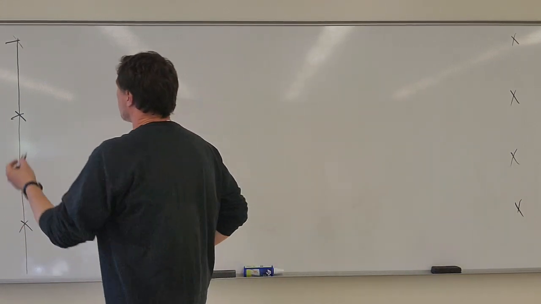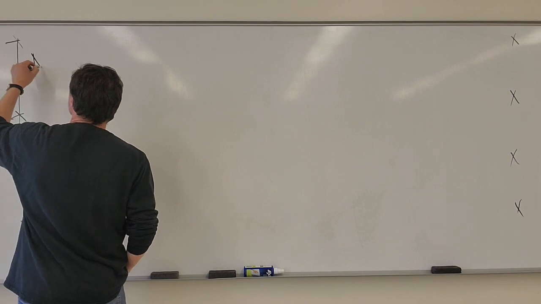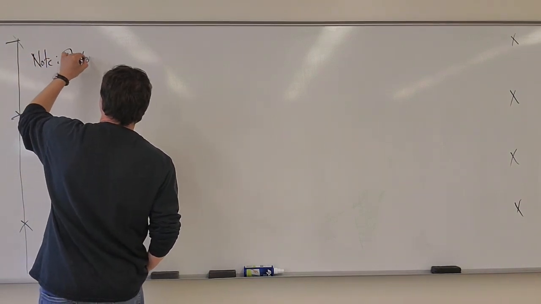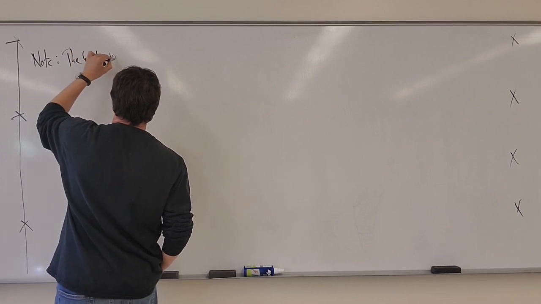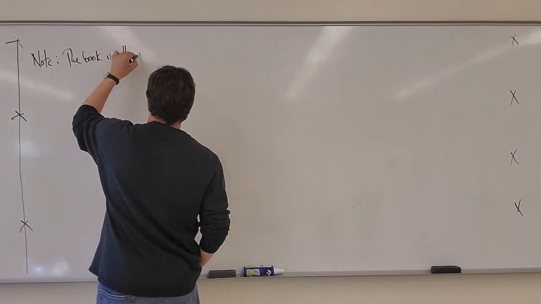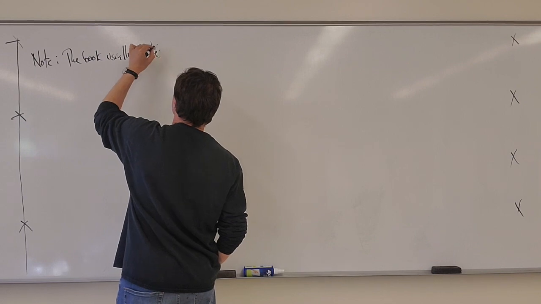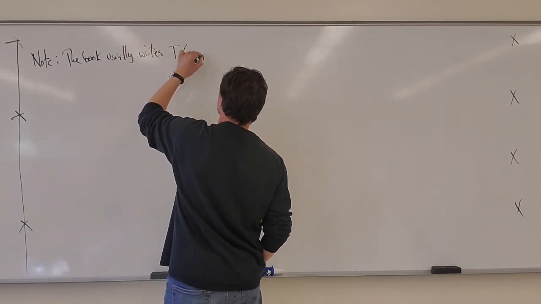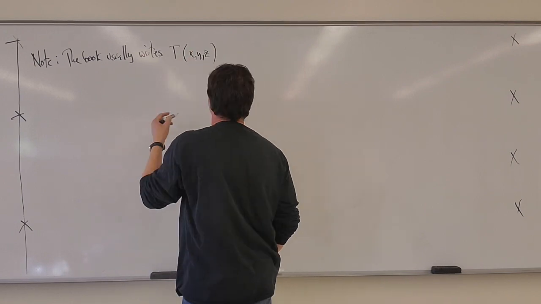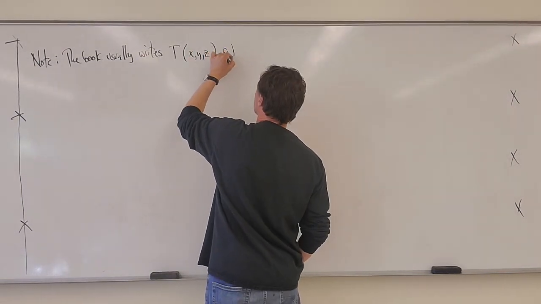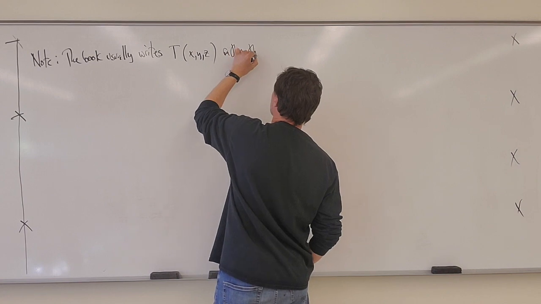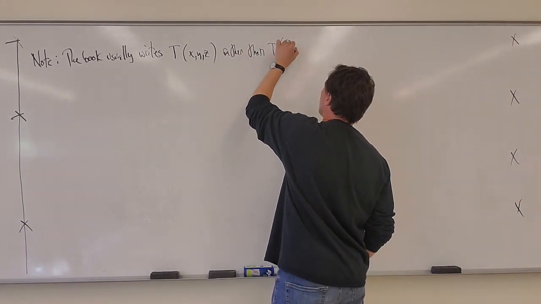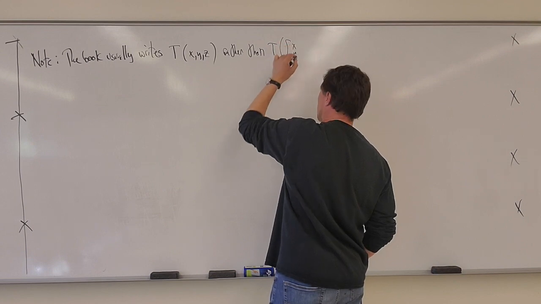So note, the book usually writes T of (x, y, z), etc., rather than T of the column vector x, y, z.